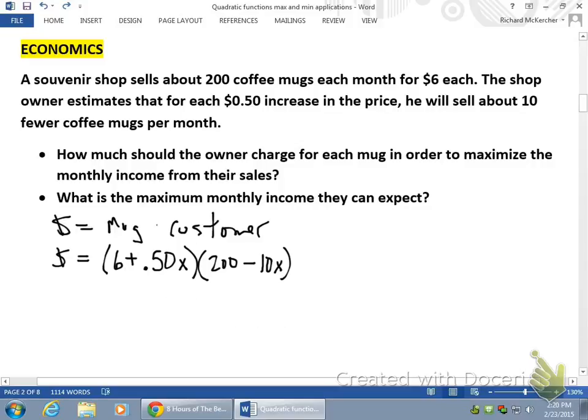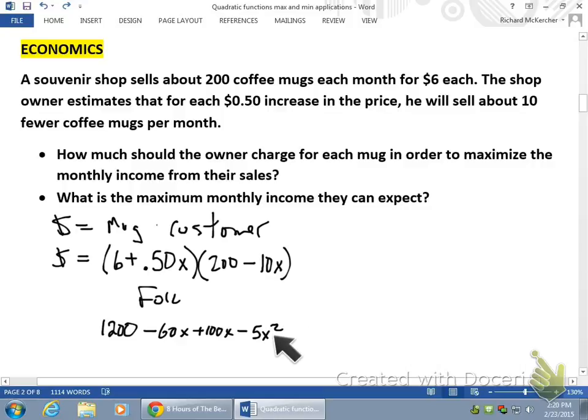If you want to, you can FOIL, but you don't have to. If I FOIL this out, I get 1200 minus 60x, plus 100x, and then minus 5x squared. There's the quadratic.